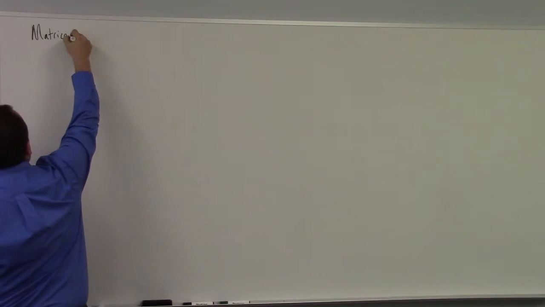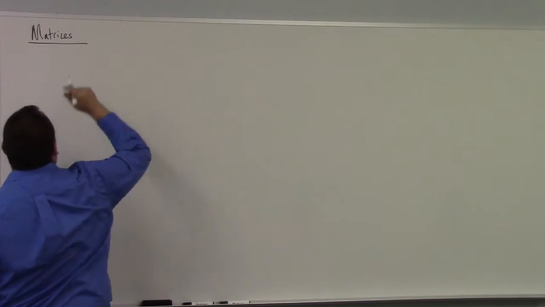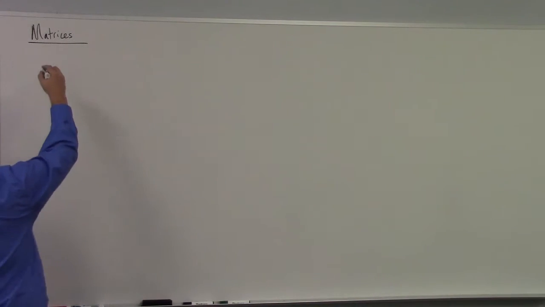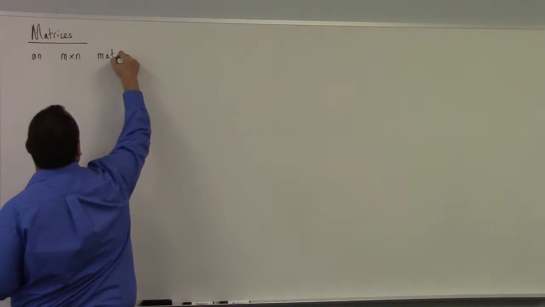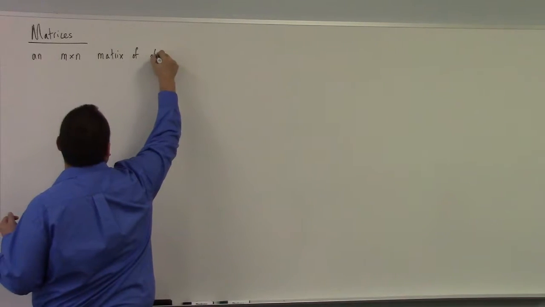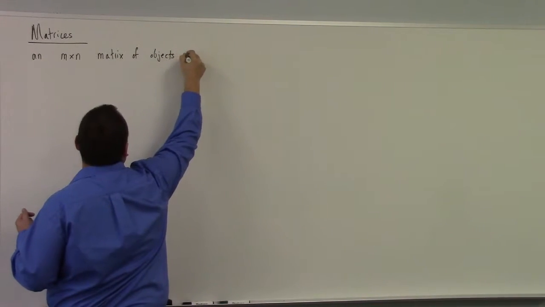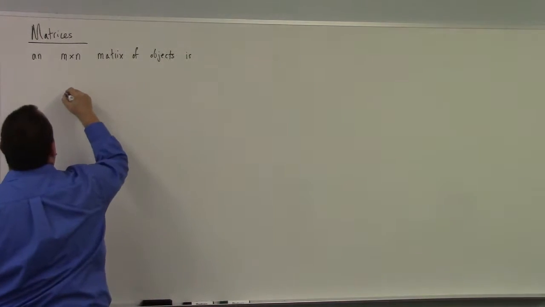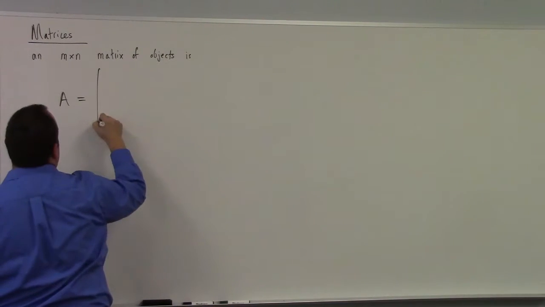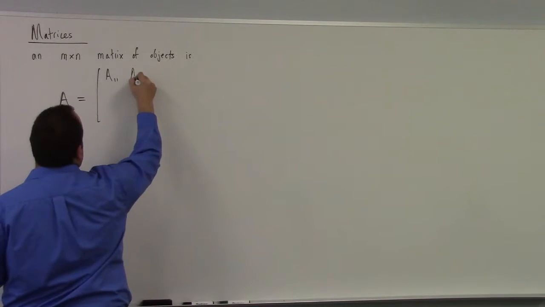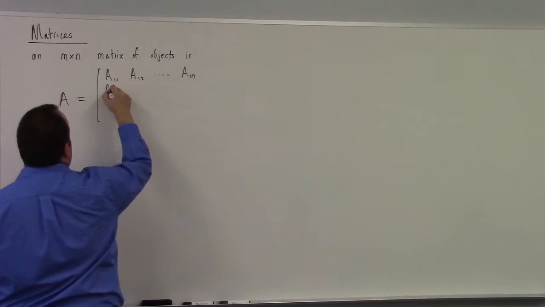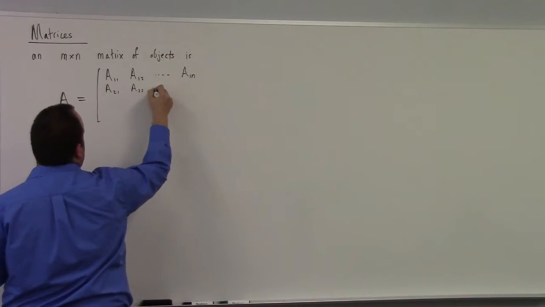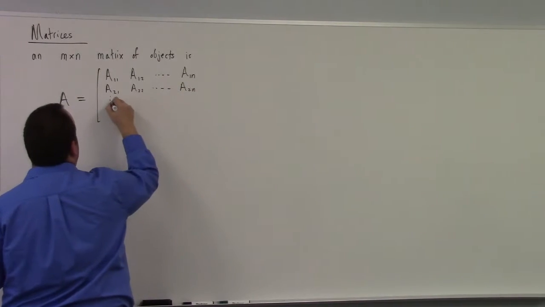Now I say it's just the Math 221, but in the same sense it's not really. So what is a matrix? All right, so a matrix, let's say an m by n matrix of objects, is something like this. A equals, so you have A11, A12, A1n, A21, A22, A2n.